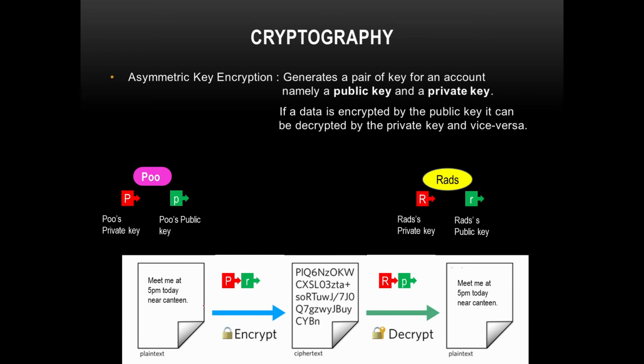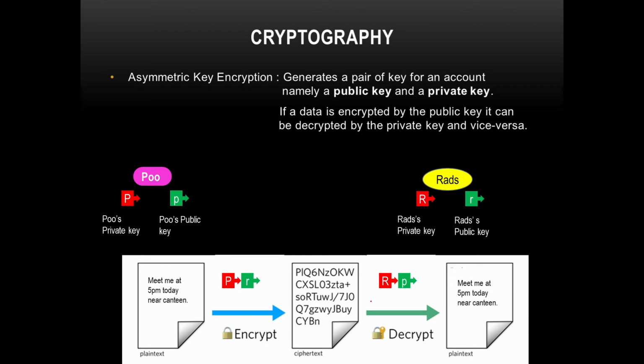It gets encrypted into a ciphertext, goes through the network, and when it reaches Rads, she unlocks it with her private key, as her public key was used for encryption, and she also decrypts it with Pooh's public key, as Pooh's private key was used during the encryption. Now the decrypted message is the same as the plain text which was sent by Pooh.